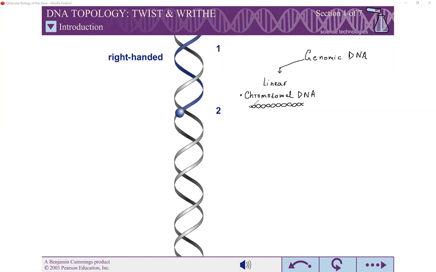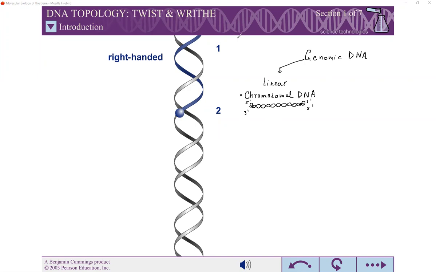This chromosomal DNA runs 5 prime to 3 prime, and it is bounded at its ends with the help of certain proteins. Its ends are never left free. They are bound by certain proteins.